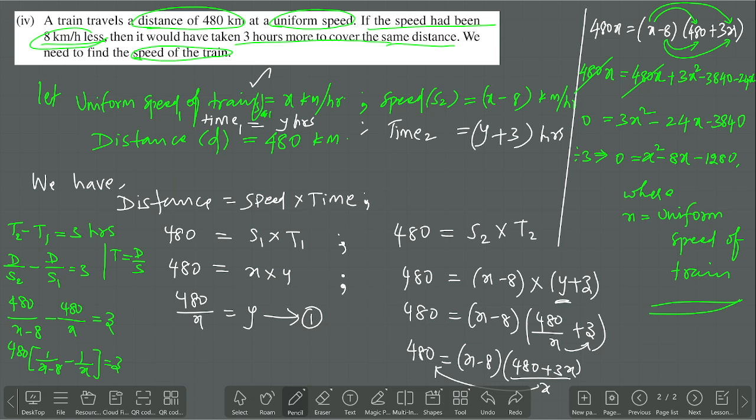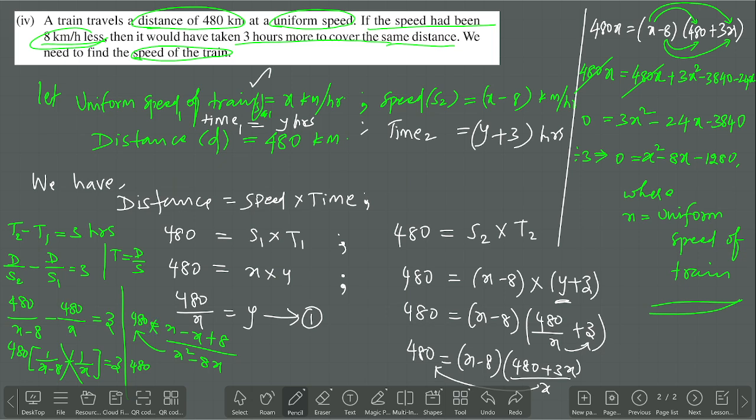Can I simplify this? Take cross multiple. So what am I getting? 480 equals x into 1. I am taking cross multiple. 1 into x, x. Here minus, then minus into x, minus x. Minus 8 into minus 1, plus 8. x into x, x square, x into 8, 8x. When I take cross multiple, what am I getting? x square into this. 480, which is equal to 3.